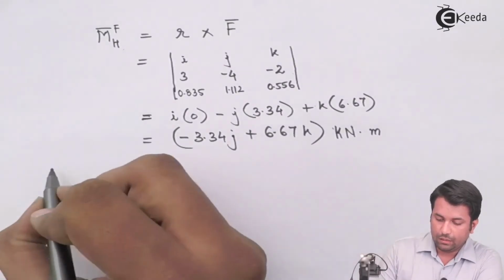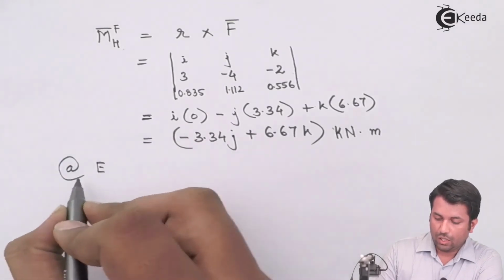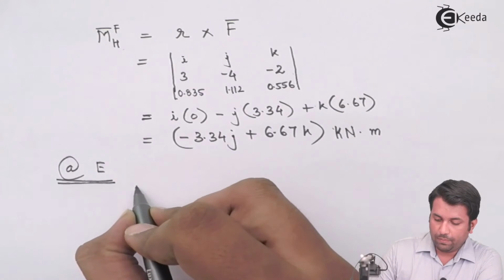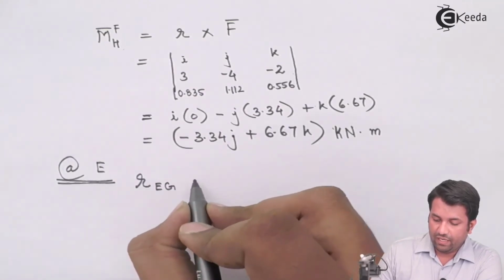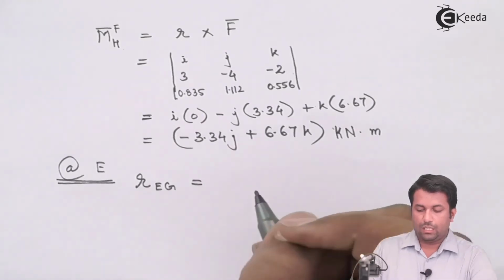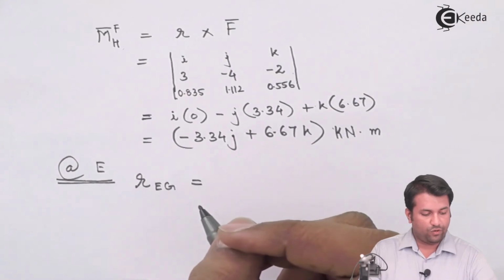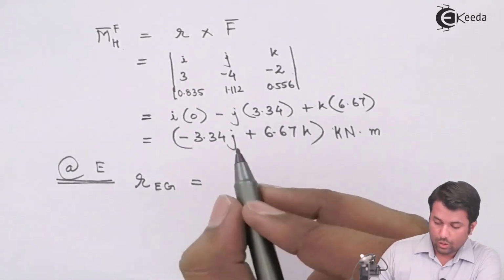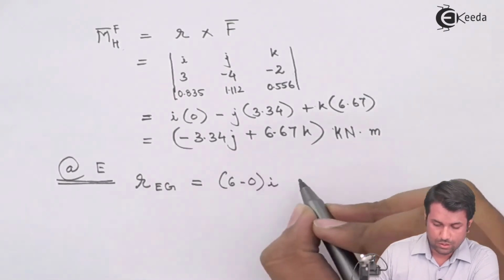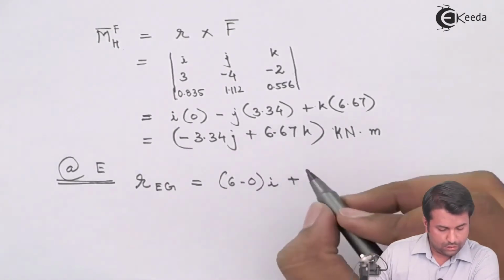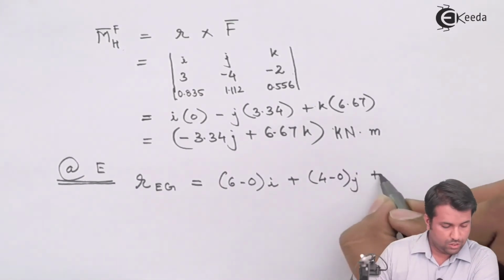So I'll write here about E. In this case, the position vector EG will be the coordinates of G minus the coordinates of E. So that will be 6 minus 0, 4 minus 0 j.